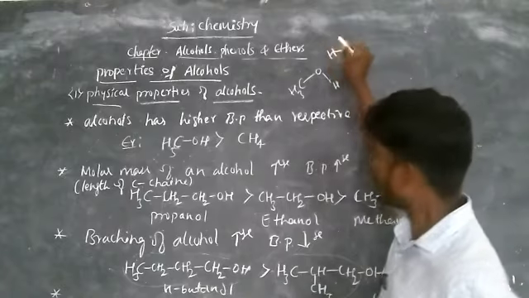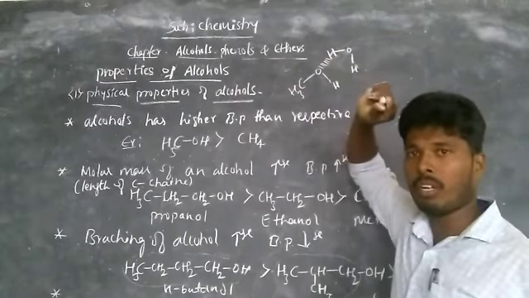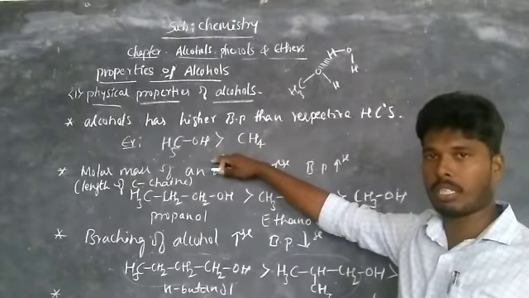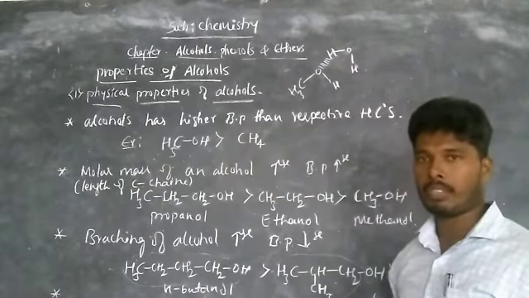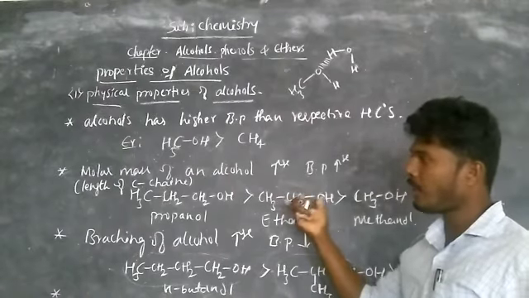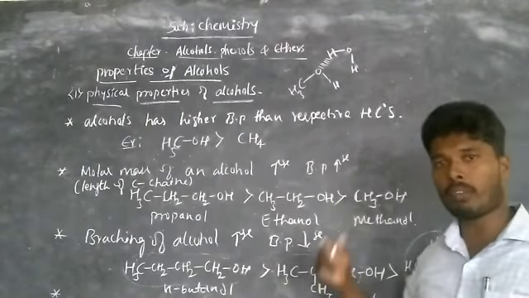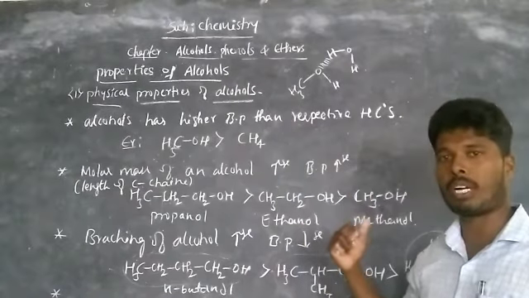This is water. Here the bond is formed between oxygen and hydrogen of a water molecule, so that the solubility of alcohols in water increases. It means the alcohol solubility is higher in water.